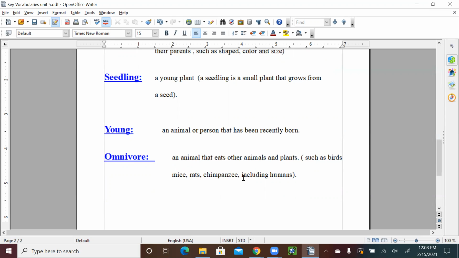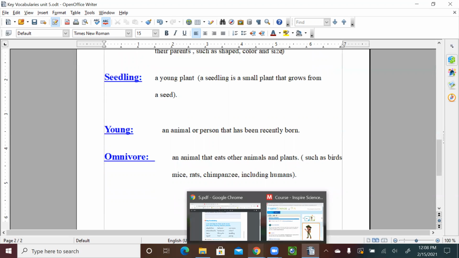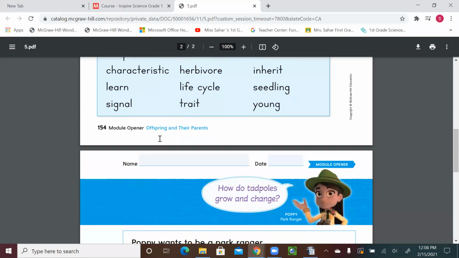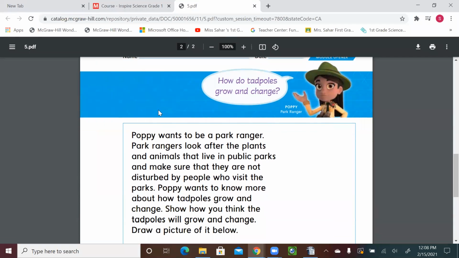Humans are omnivores because we eat fruit, vegetables, and we also eat meat. All right, let's go back to our book. These are the words that we just went through the definitions of. And as I told you, we're going to see all these words and use them in this unit.